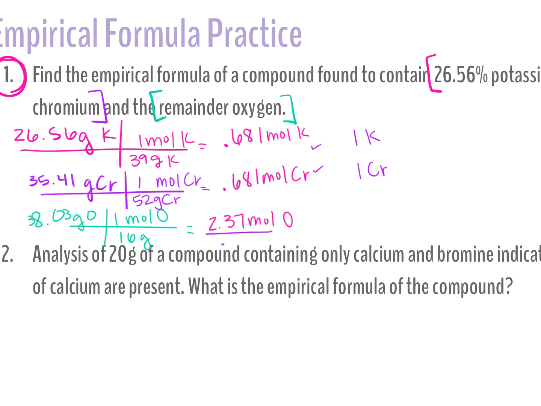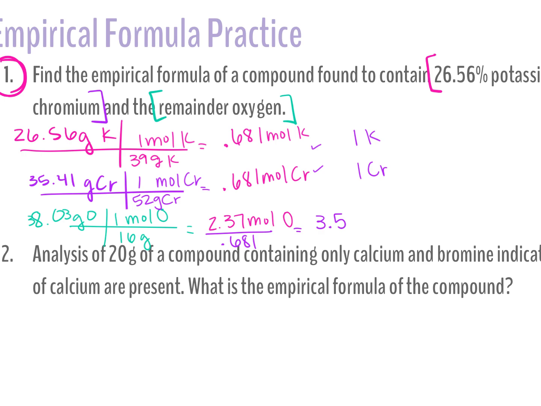So now when I take this divided by 0.681, did I get a nice whole number? I got 3.49. So that's really not close enough for me to round and assume the ratio is 3.